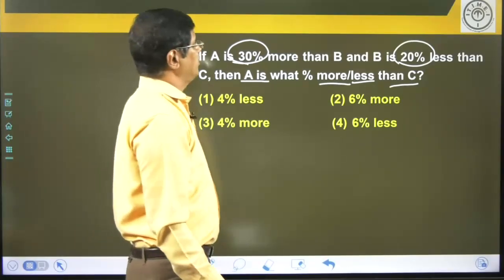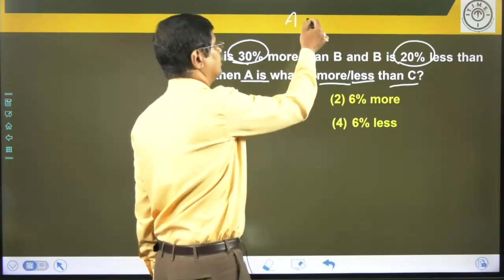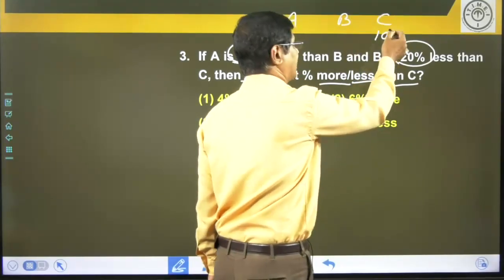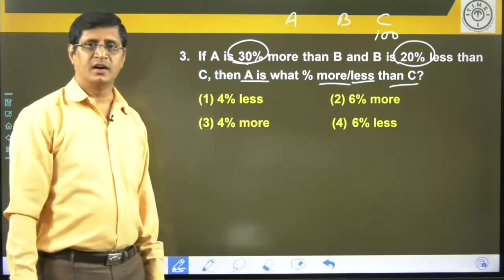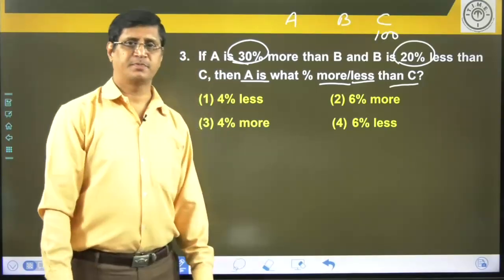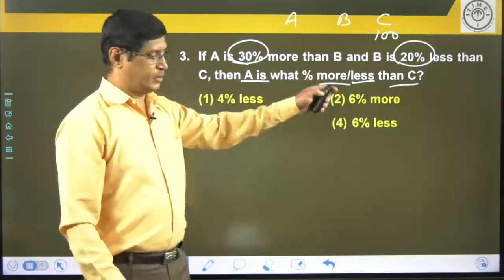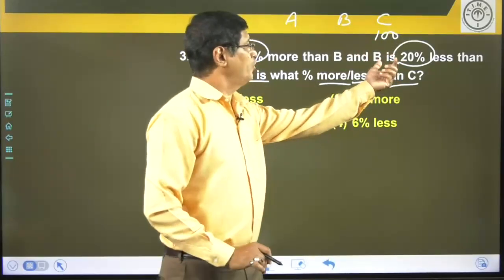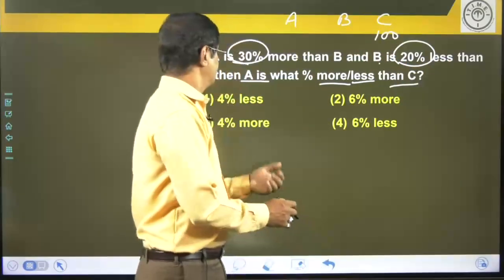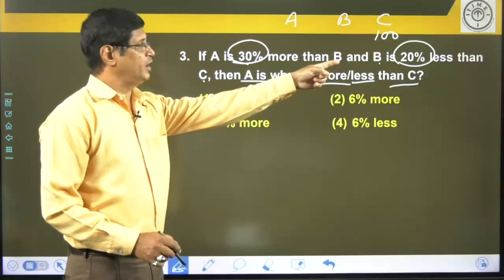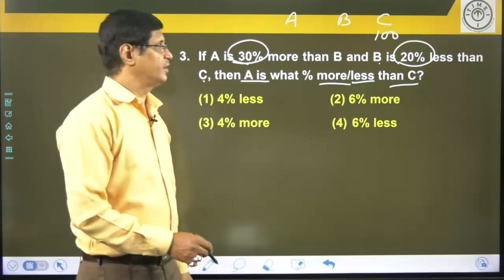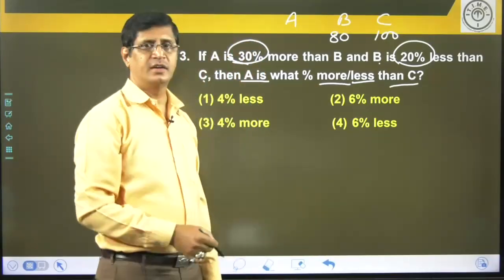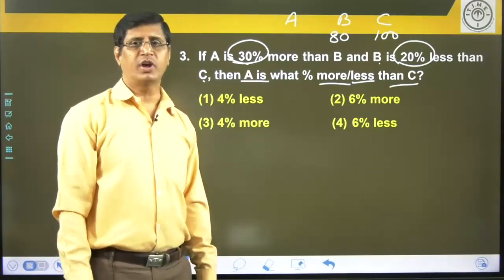Now the values of A, B, C, just let's try. I am taking the value of B as 100%. Sorry, the value of C is 100%. I am assuming the value of C as 100%. How are B and C related? Now B is 20% less than C. 20% less means when C is equal to 100%, B is equal to 80%.